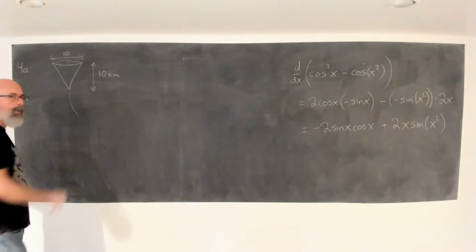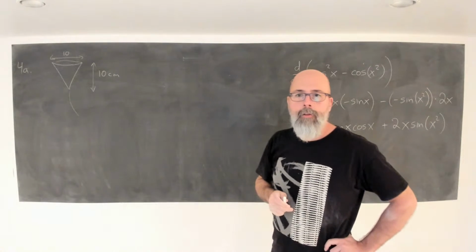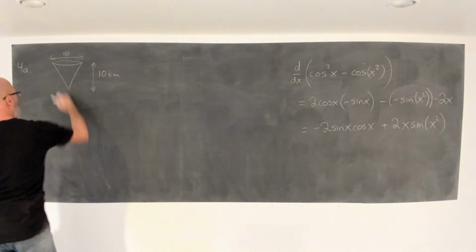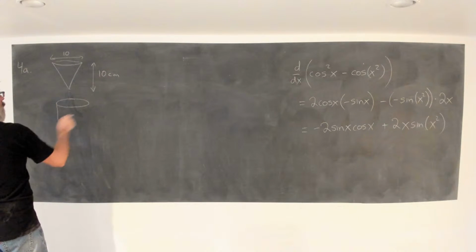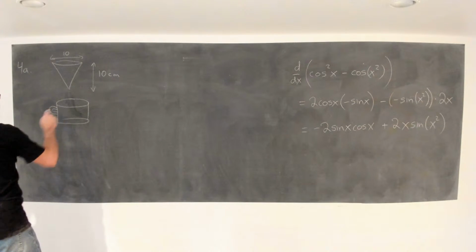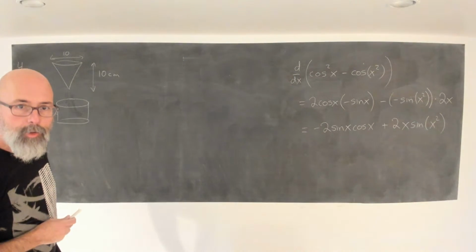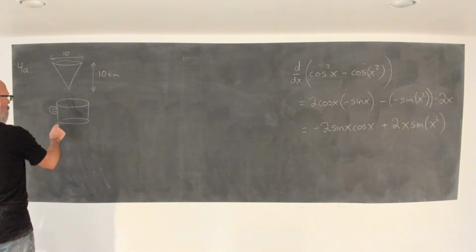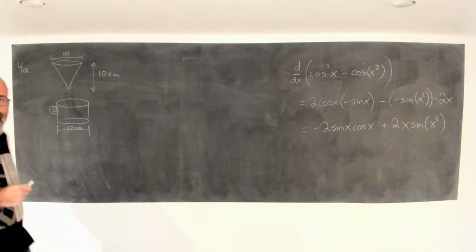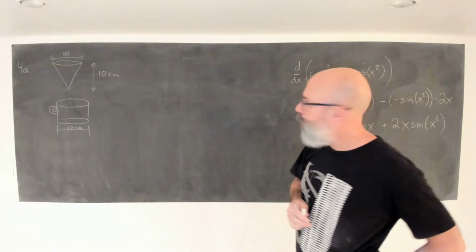So this is dripping into a cylindrical coffee pot, maybe with some handle here, into a cylindrical coffee pot of diameter 12 centimeters, at a rate of 100 centimeters cubed per minute.